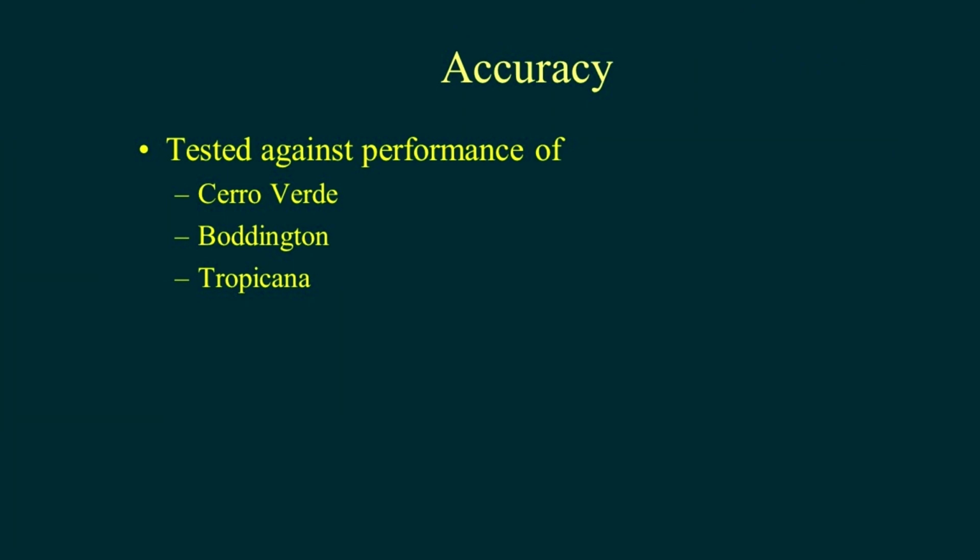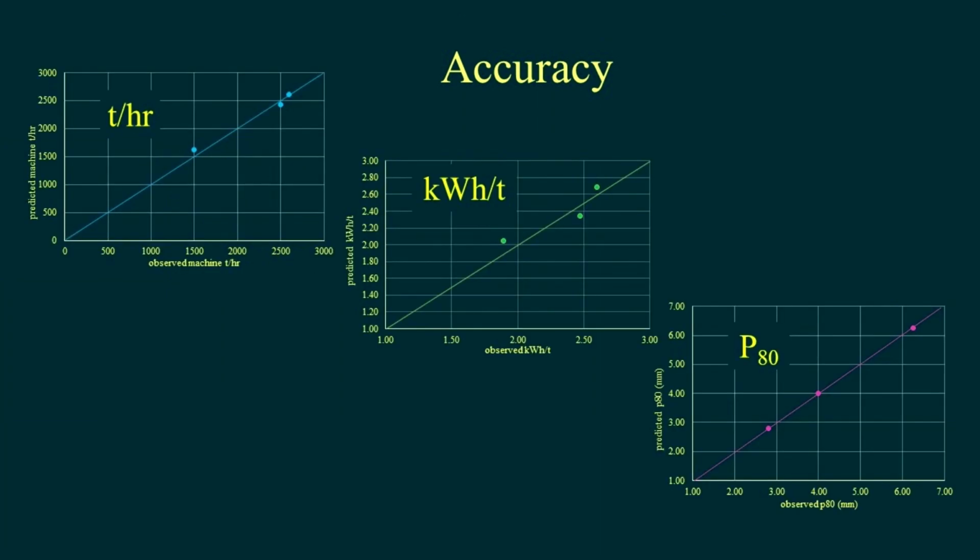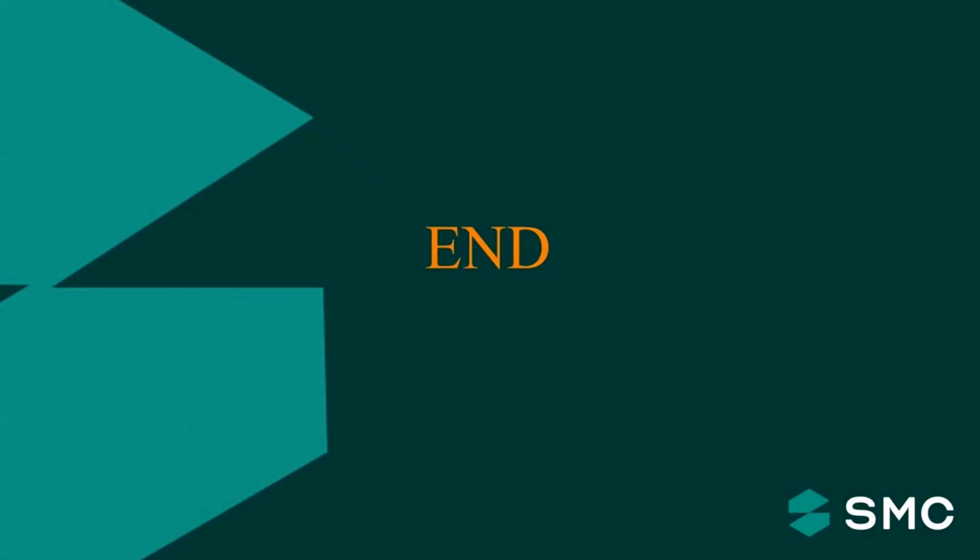Serra Verde was, I think, one of the first full-scale HPGR circuits ever. Boddington was the second, and Tropicana, no, it wasn't the third. They're the three that I've got information from. And you can see here, it predicts the tonnes per hour really well, kilowatt hours per tonne really well, and the P80 really well. So I'm reasonably confident that it'll give you good service if you want to use it. Okay, that's simulation.